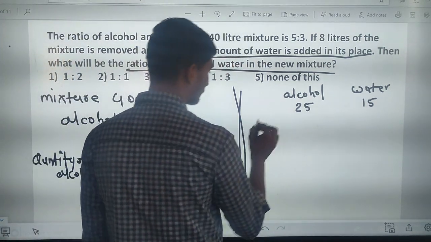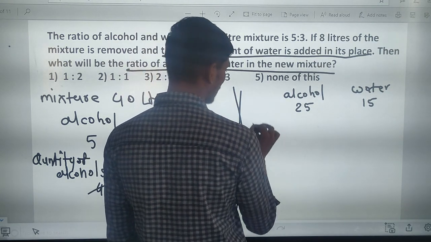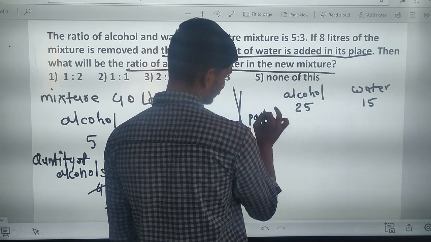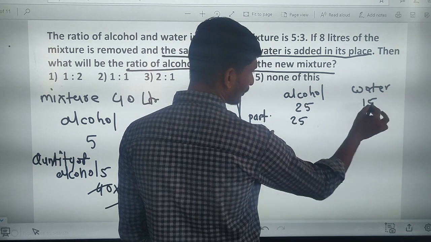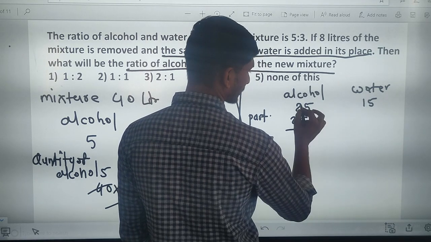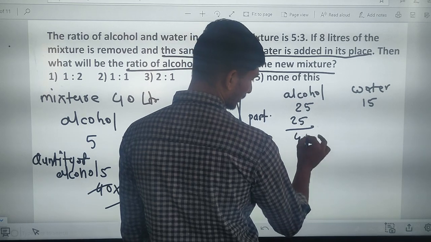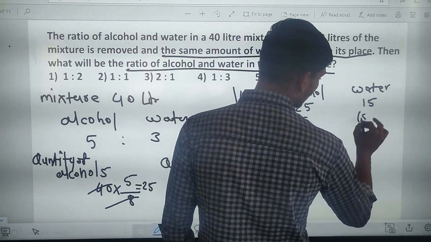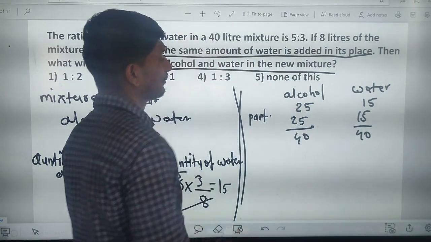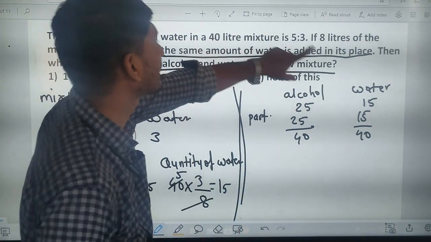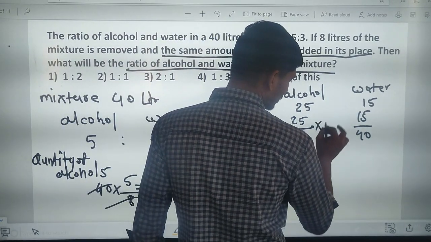Then here part of alcohol is 25 divided by 40 and here water is 15 divided by 40. Here 8 liter was removed.